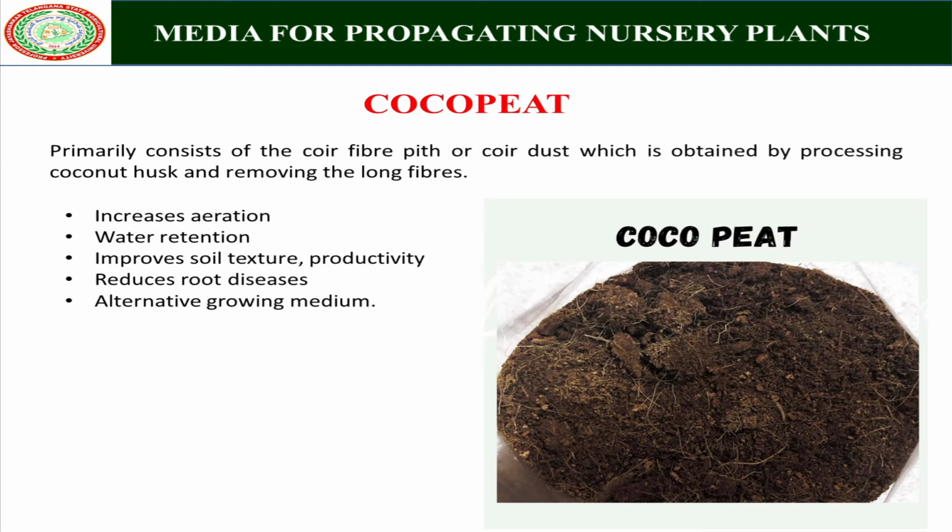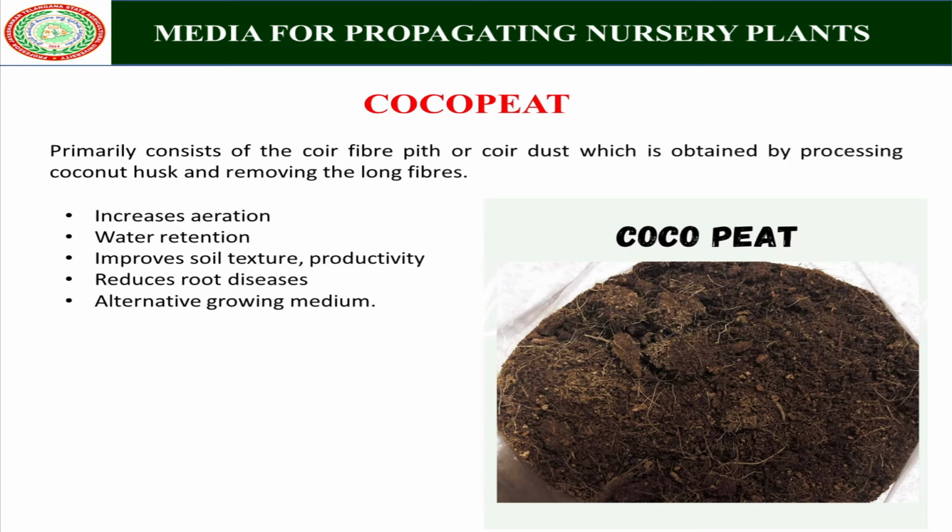When used as an alternative to the soil, it has proven to reduce the root rot diseases also. Usually, in the soil, the microorganisms which are responsible for forming this root rot disease will not be present in the cocoa peat. So, in this way, we can also reduce the root caused diseases.